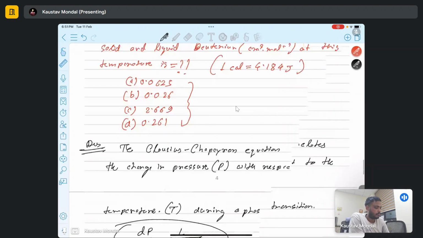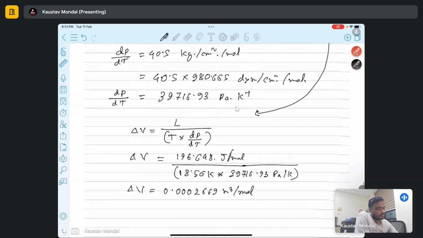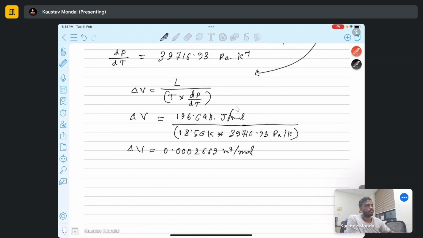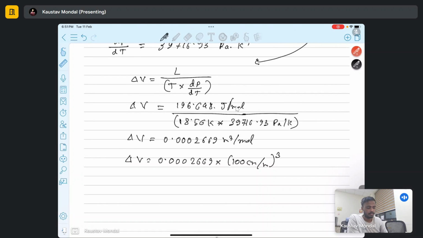But in the problem you have to calculate it in terms of centimeter cube per mole. So how can you do that? In order to do that, you have to convert this meter cube into centimeter cube, right? So delta V will be 0.000269 into 100 centimeter per meter cube. 1 meter is equal to 100 centimeter, right?